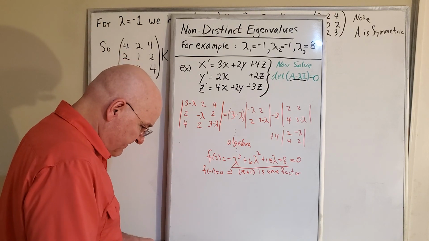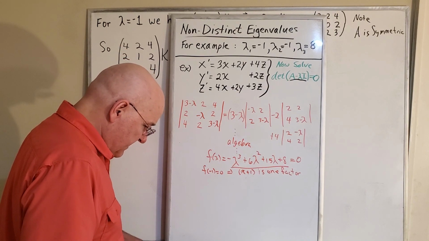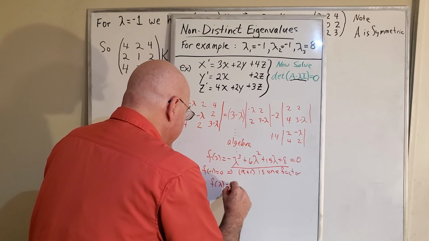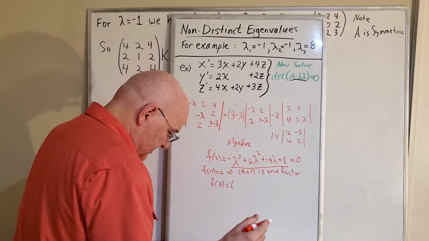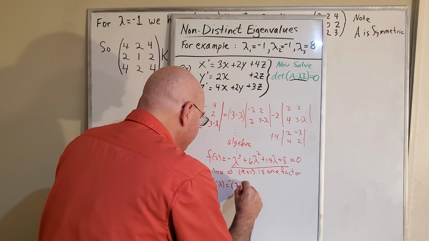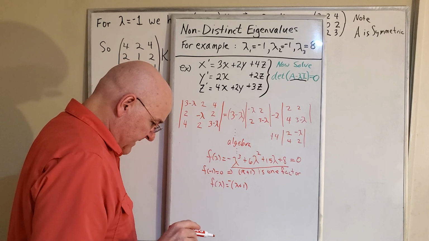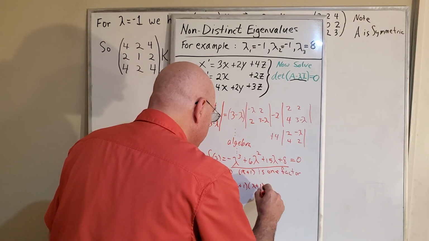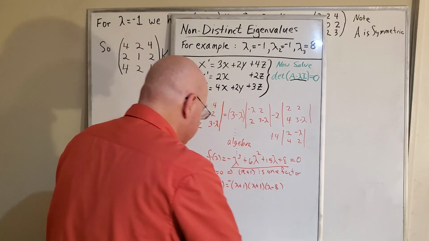And I'm going to save the arithmetic, and I'm just going to show that f of lambda is, of course, lambda plus, actually it had a negative sign in front of it, but that doesn't affect the zeros. Lambda plus 1, lambda plus 1, lambda minus 8.